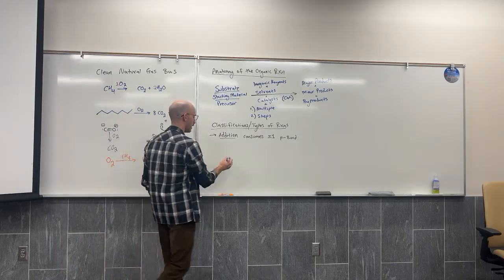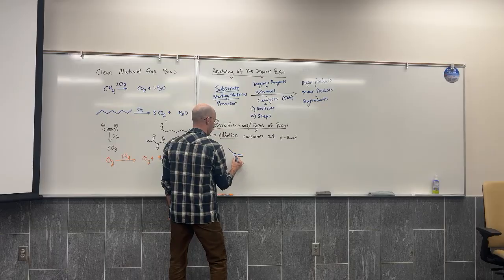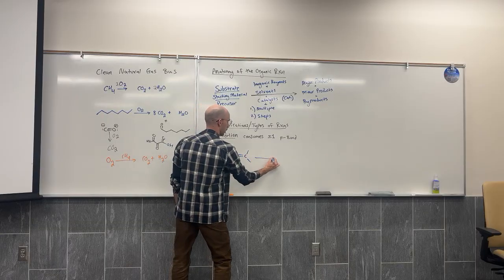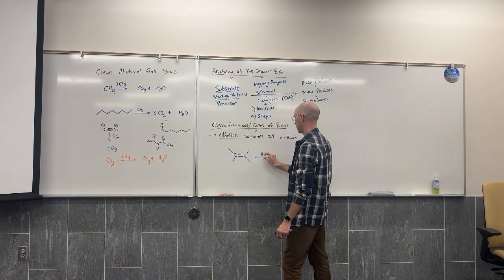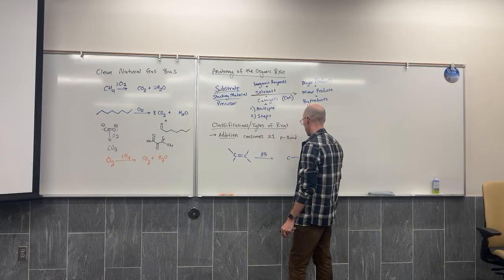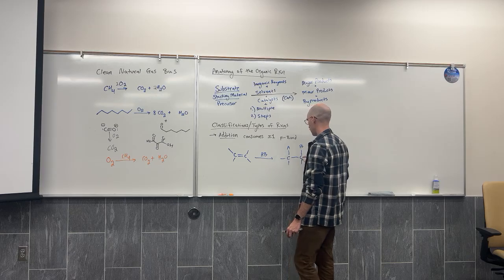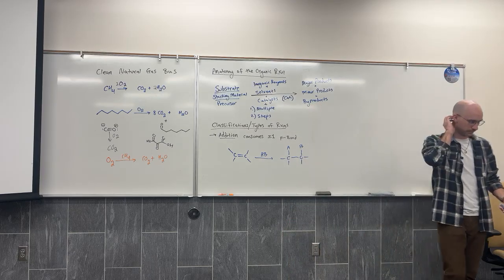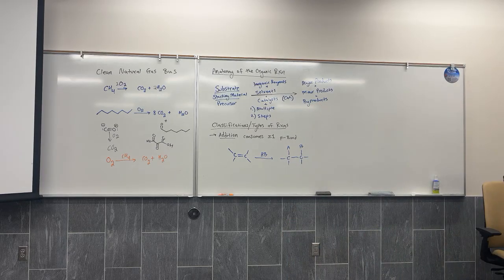To write a generic example of an addition reaction, I'll show an alkene reacting with this reagent AB. And we see that AB adds across the alkene. So an addition reaction. I've added two groups.